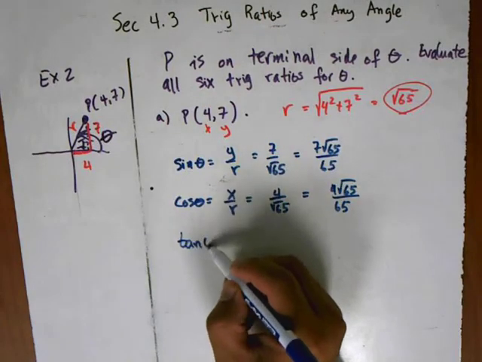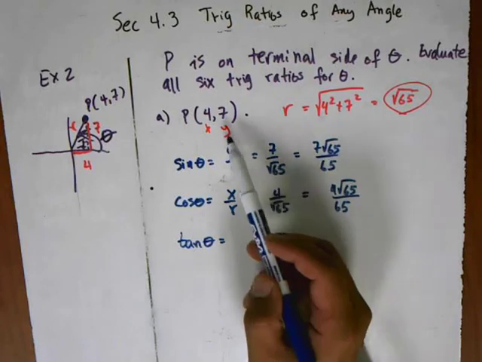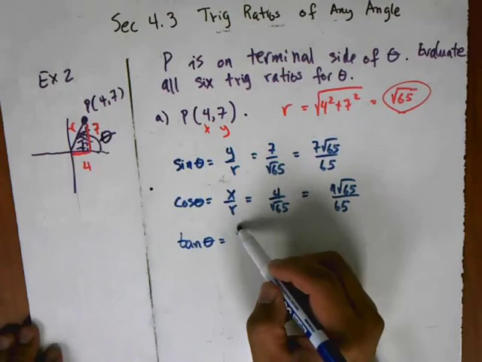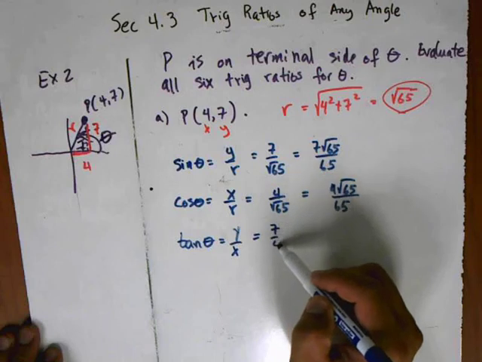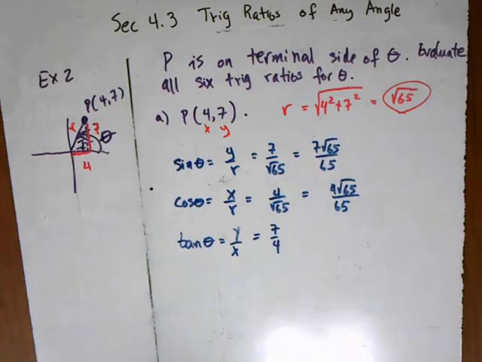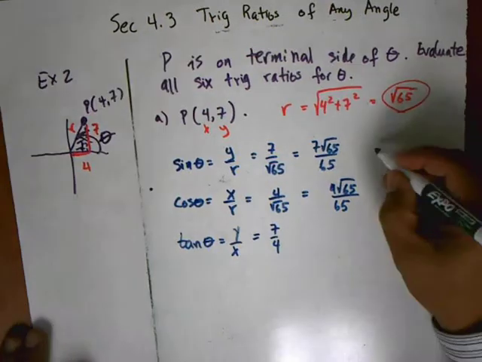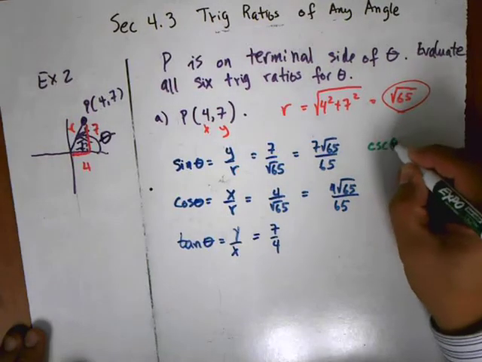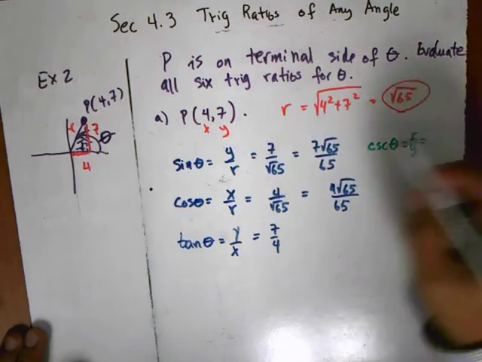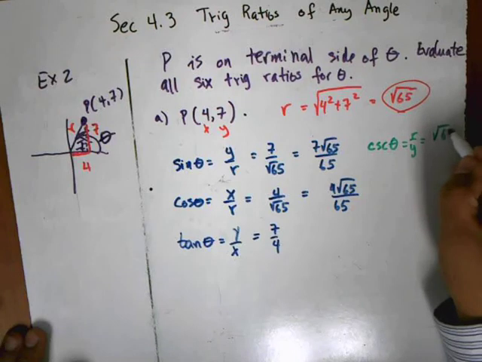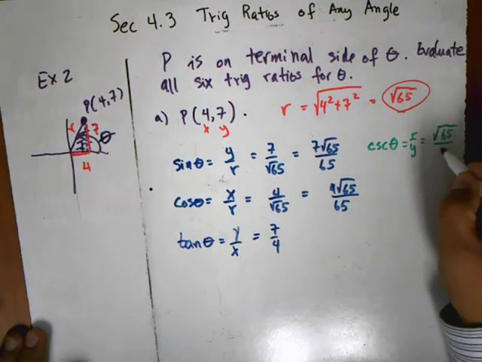Tangent of theta is y over x, so that's 7/4. And that was straightforward enough. You can also look at the other 3 ratios. Let's go with cosecant of theta. This is r over y, which is just the reciprocal of sine, so that's square root of 65 over 7.